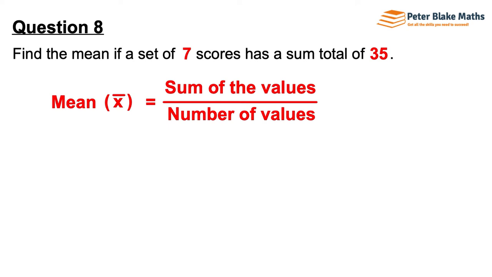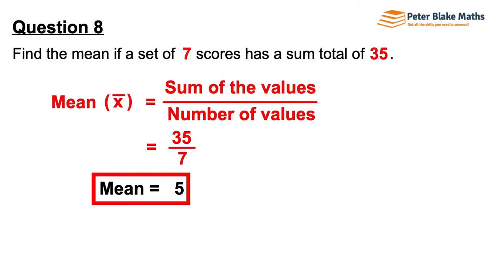And we've been given both of those items in the question itself. The sum of the values is stated as 35, so that goes on top. And the number of values, it said it's a set of 7 scores. So 35 divided by 7 gives us a mean of 5.